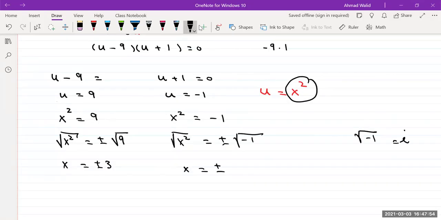Then x equals plus minus what? i. 4 solutions for your equation: x equals 3, x equals negative 3, x equals positive i, x equals negative i. 4 solutions for this equation, because the equation was originally degree 4, but it was quadratic in form. Correct? One more example.